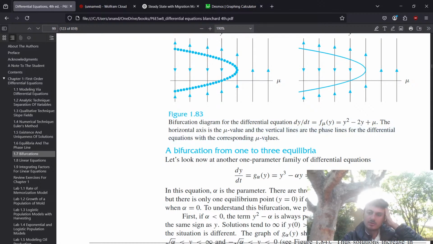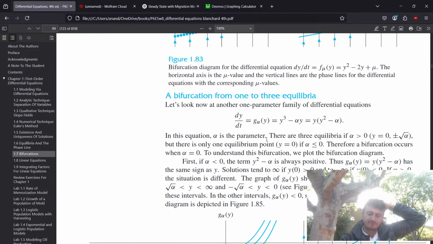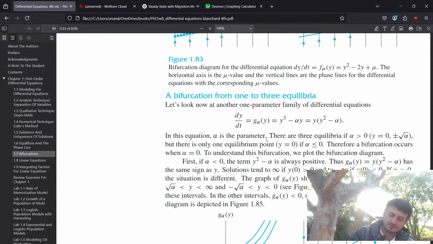All right, cool. So that was the simple first example. So this example is f of y is equal to y squared minus 2y plus mu.